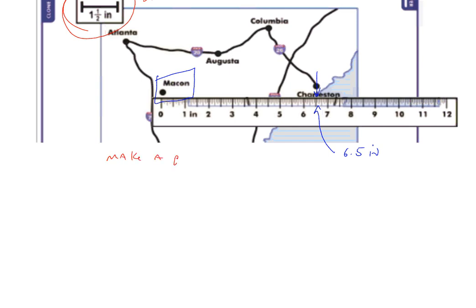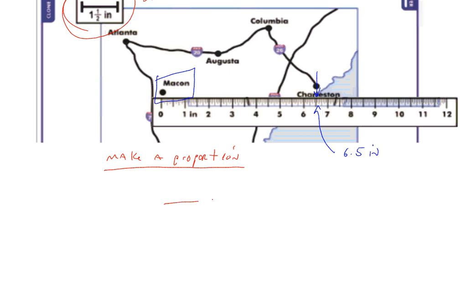Make a proportion. Now, we've done this before. We've made proportions before, so that's what we have to remember how to do. And therefore, let me refresh your memory. A proportion is 2 ratios that are equal.